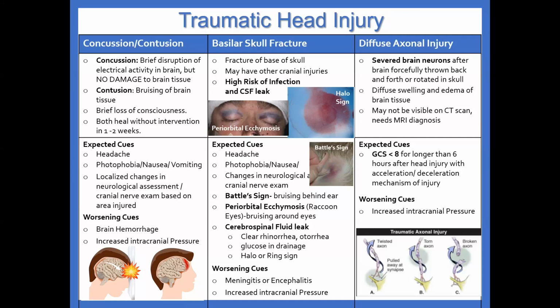It's something we don't want with any brain infection, but this is basically like a compound fracture, an open fracture. There is an opening from your sinuses, which are foul and dirty and disgusting, to our head. High risk of infection. So that's why, if we see that CSF, we're at a high risk of a brain infection. And that's why the worsening cue for this is a brain infection, because you are at a higher risk of an infection.